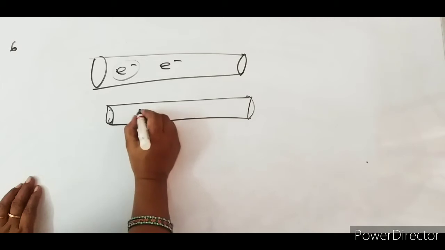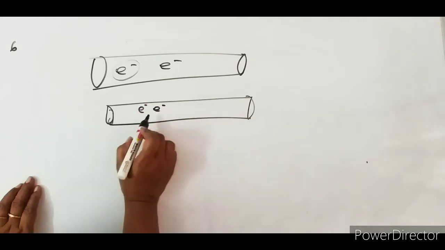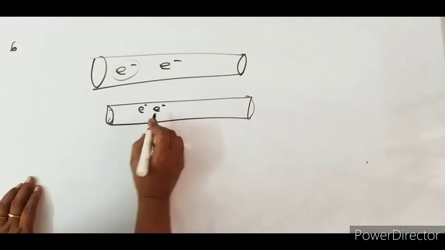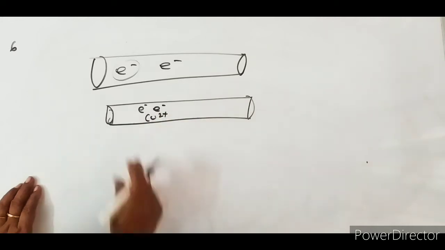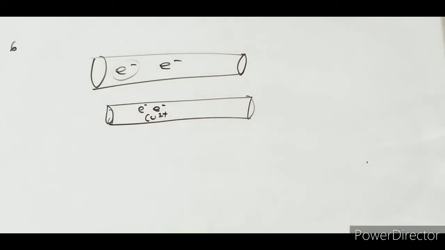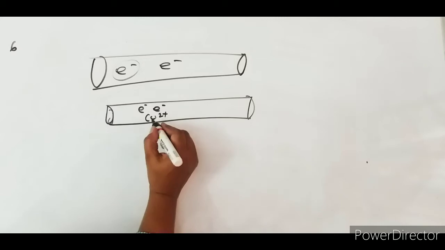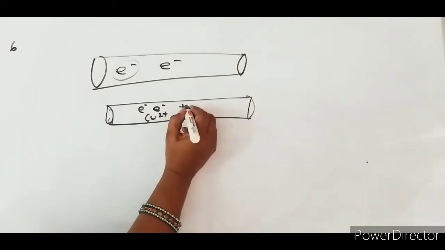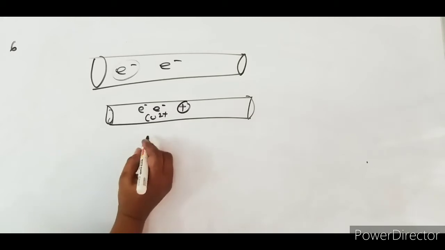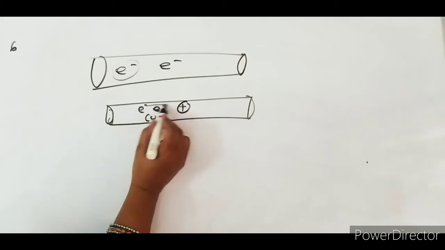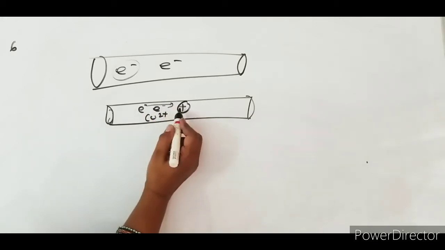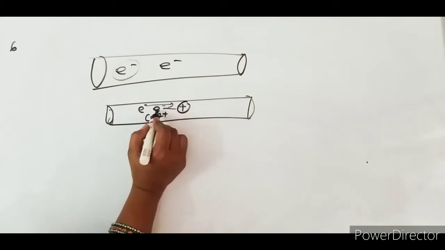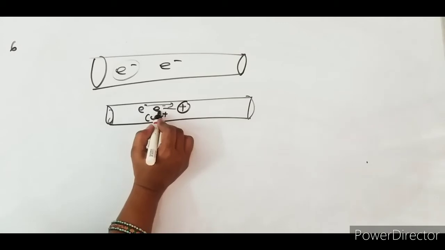If these electrons come from an atom of copper, copper loses 2 electrons and becomes Cu2+. Many such 2+ ions will be there. I represent these as positive. When electrons are flowing, these positively charged particles obstruct the flow of electrons.